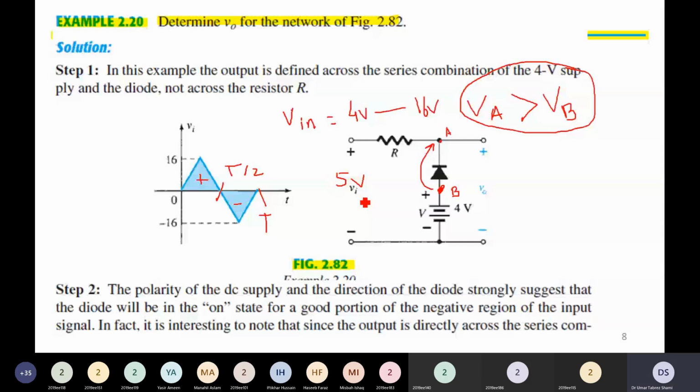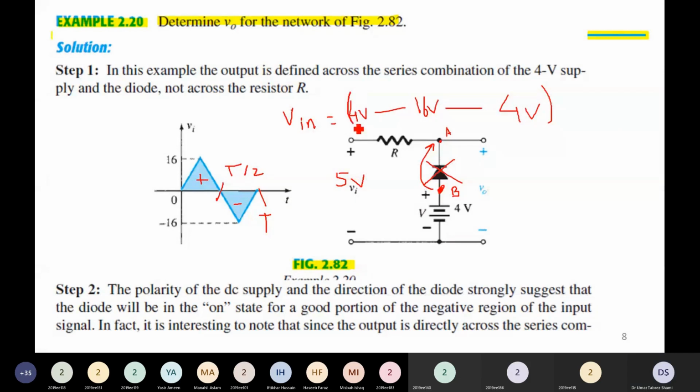So it is easy to say that the diode is not working when the voltage ranges from 4 volt to 16 volt, because VA is larger than VB, and not just only 16 volt, when the voltage follows the negative slope and the input reaches 4 volts again, the diode will remain reverse biased.